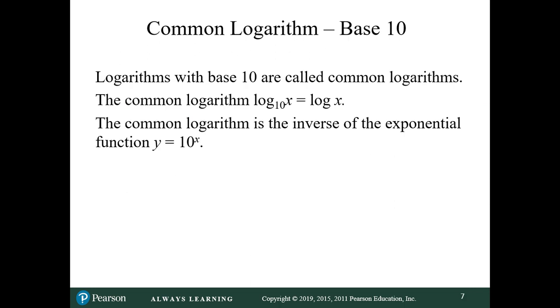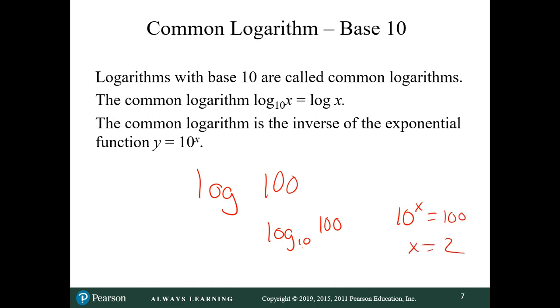The common logarithm is a base 10 logarithm. So if it's not written there, if we have log of 100, what this means is log base 10 of 100. 10 to the what equals 100? 2. So log of 100 equals 2.